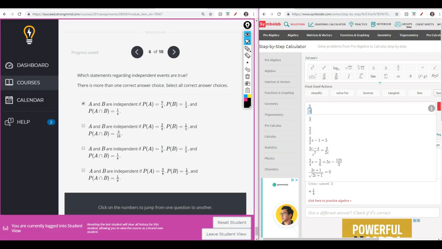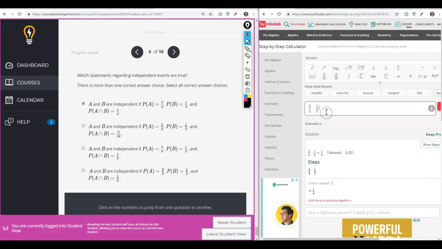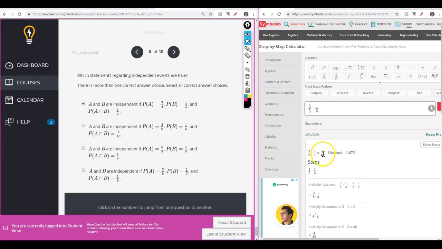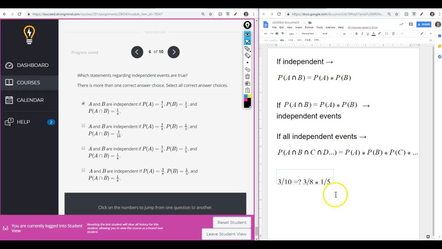Now you may be thinking, well, nothing is reducing, and that's okay. So that equals 3/40, which is not 3/10. So no, that one's not independent.